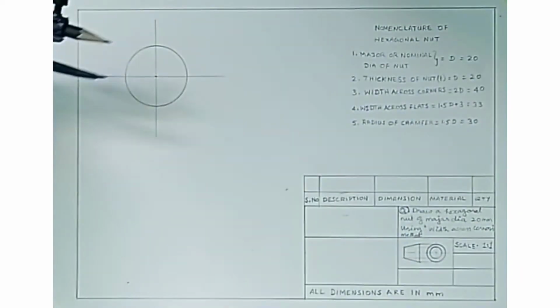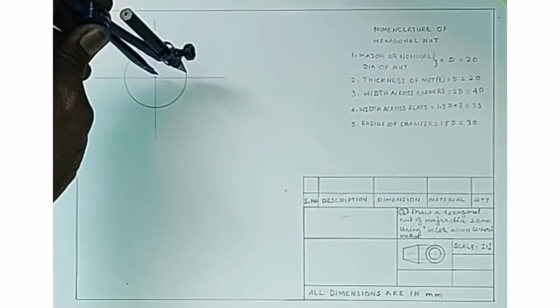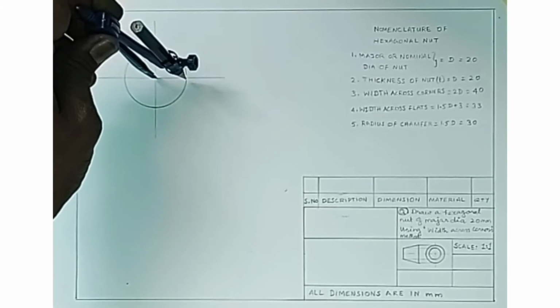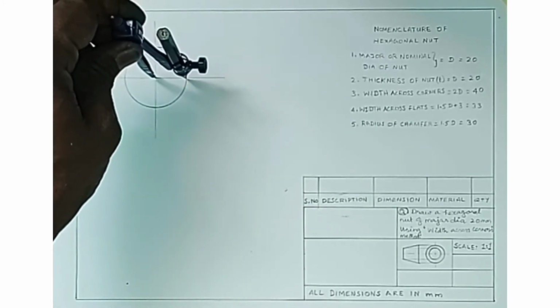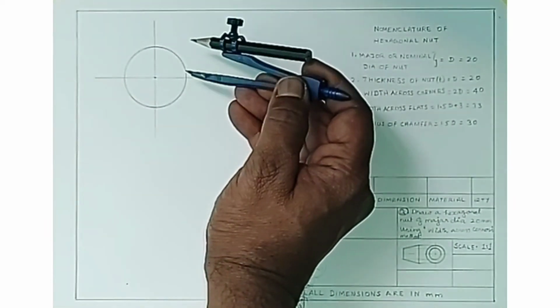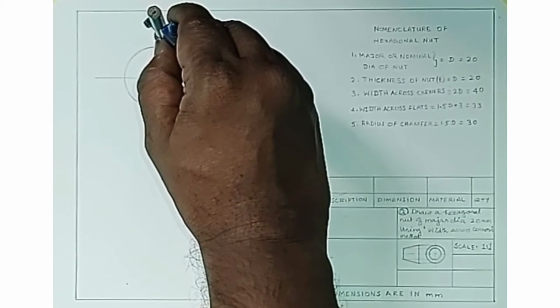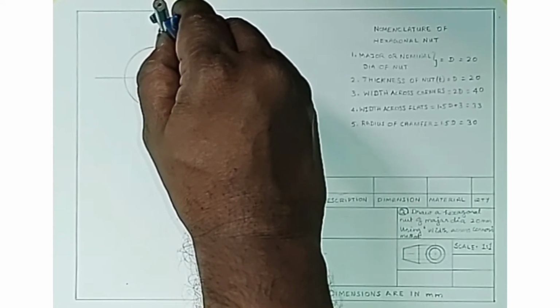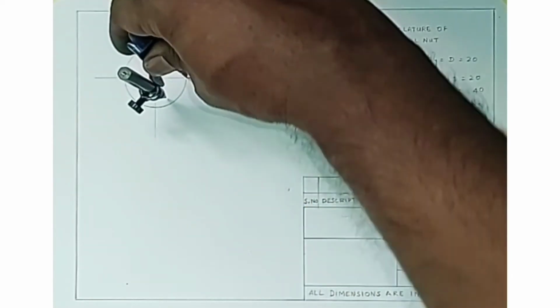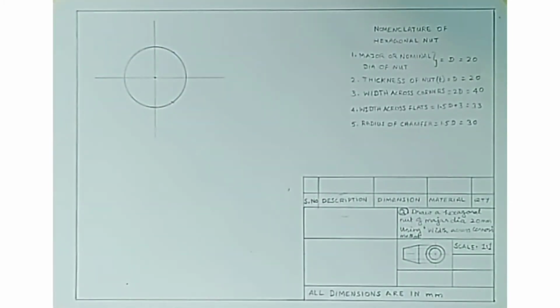Then without changing the radius of this circle, the 20 mm I have taken in compass, keep it at the point of intersection, and draw an arc like this on both sides of this horizontal line.